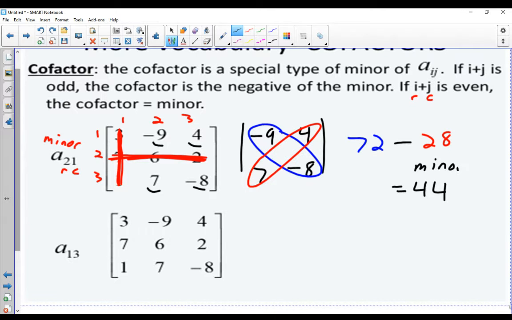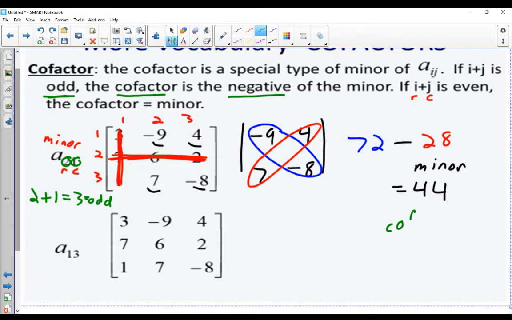Now that's the minor. Now to find the cofactor, I need you to take these 2 numbers and add them together. 2 plus 1 is 3. Now, this is odd. So since it's odd, the cofactor will be the negative of the minor.